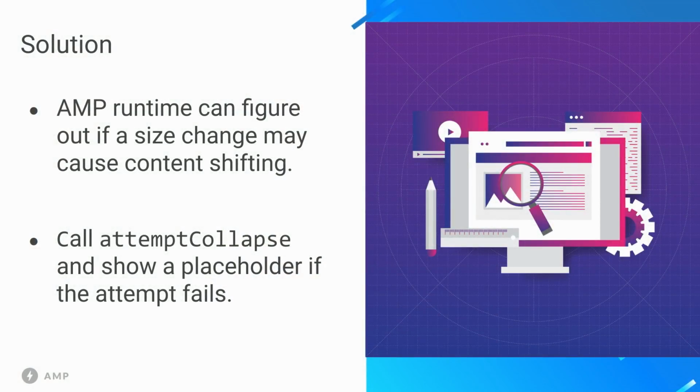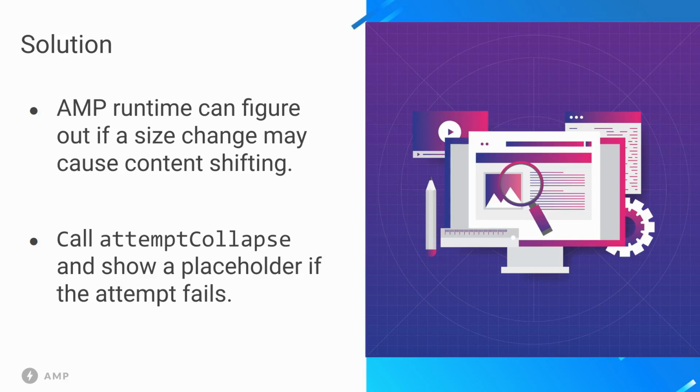So what can we do to resolve this? Well, AMP runtime has some complex logic that can figure out if a size change can actually cause content shifting. And there are a few API surfaces into this logic that can be used by components. One of these API surfaces is called attempt collapse.